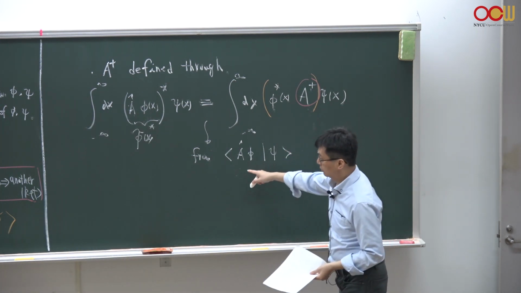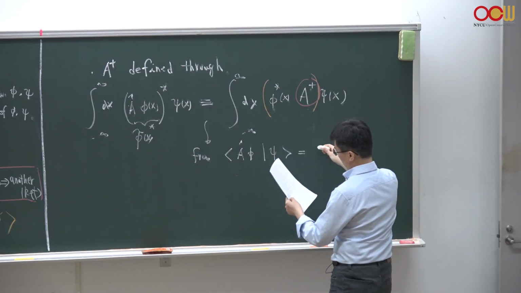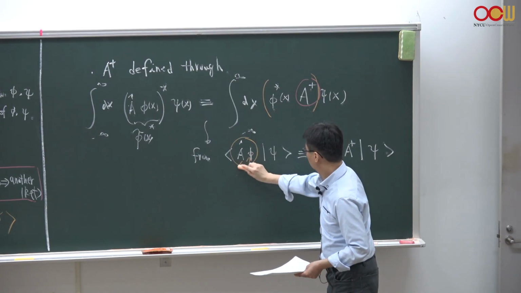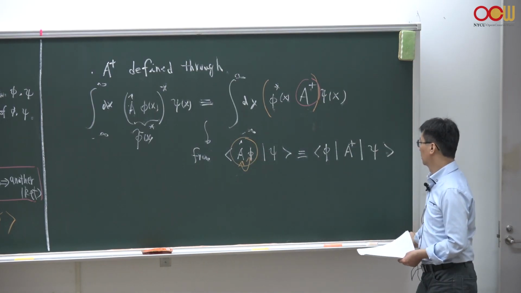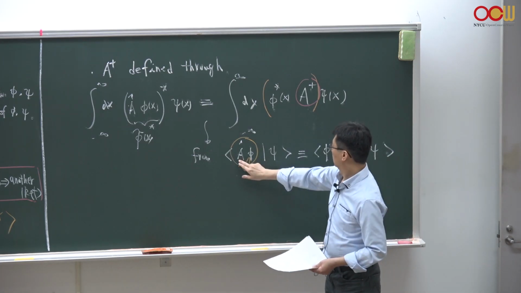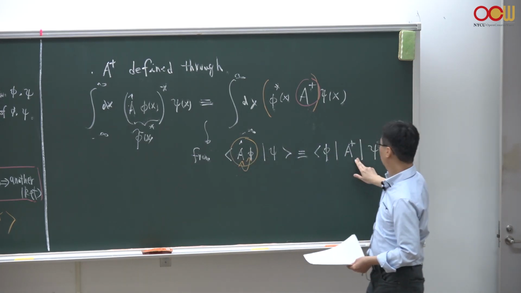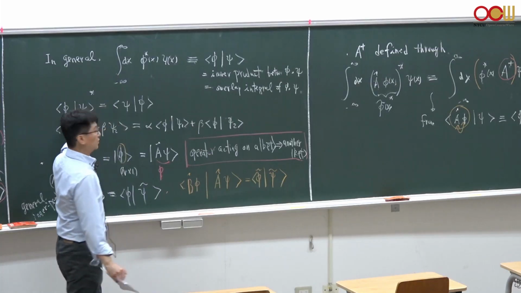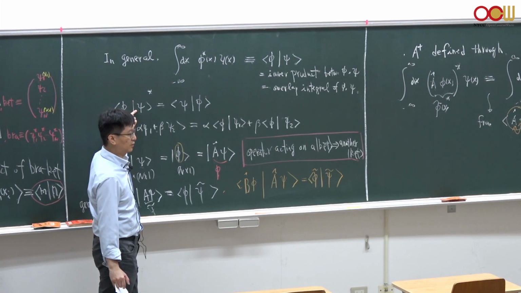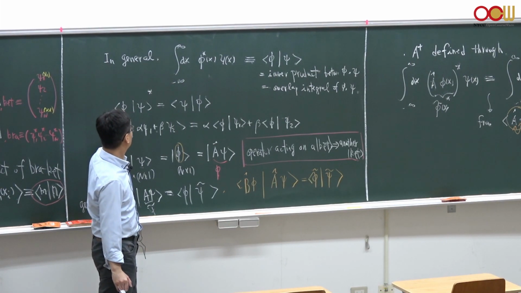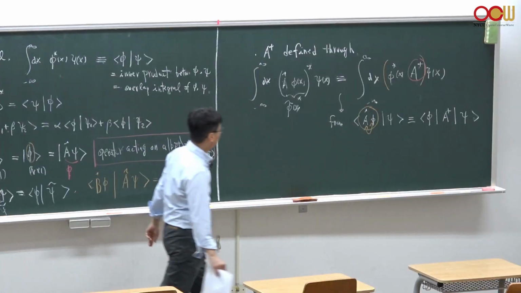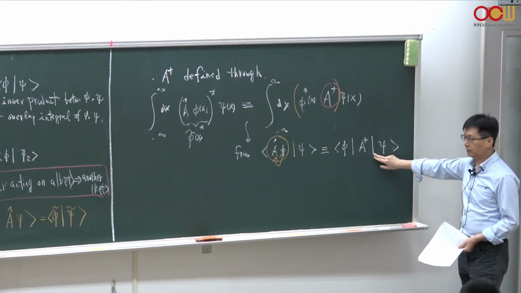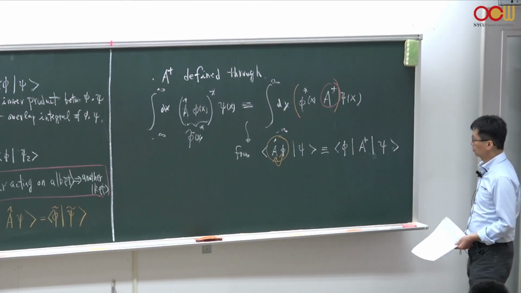And as I mentioned, you could define this A dagger by switching the order of A and phi, when you move this operator A to the middle of this inner product. So this is precisely the complex conjugate of this inner product. Imagine that this phi is just A times phi, right?